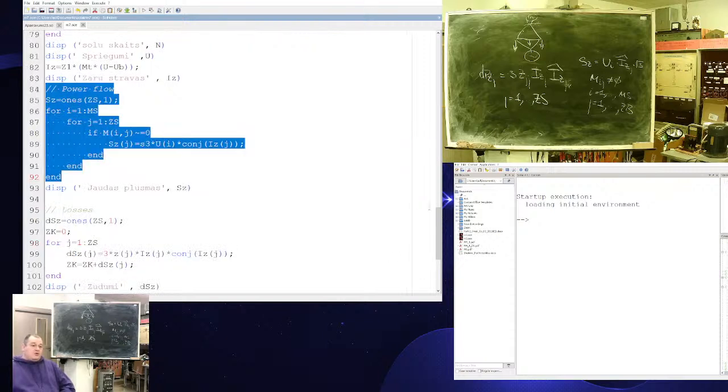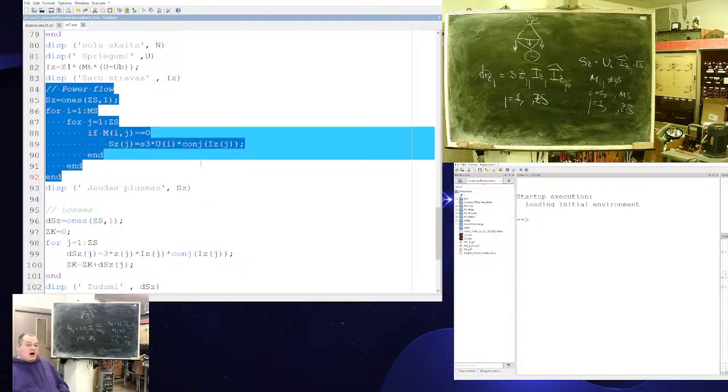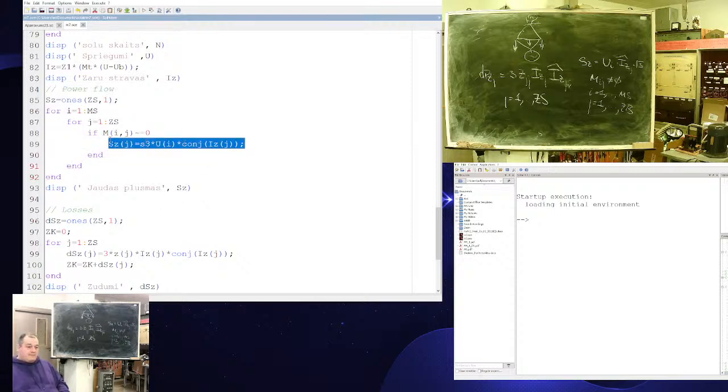This part calculates power flow. I'm taking nodes one by one, I'm taking branches one by one, and if they are connected, so if the incidence matrix element is not 0, I calculate branch power flow as square root of 3 multiplied by node voltage multiplied by conjugation of the branch current.